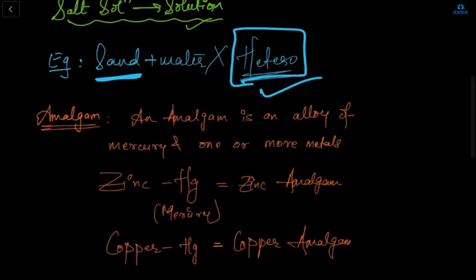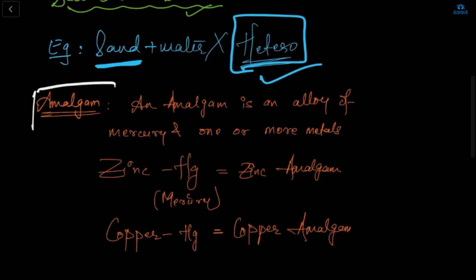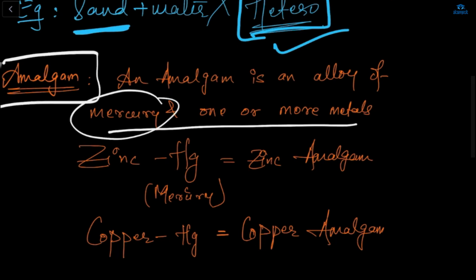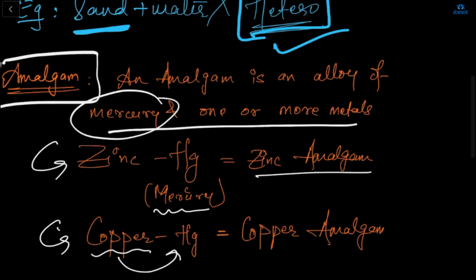Now, what is amalgam? An amalgam is an alloy of mercury and one or more metals. Let's take zinc, which is a metal, and if I mix the zinc with mercury, it becomes zinc amalgam. Another example: copper mixed with mercury becomes copper amalgam.